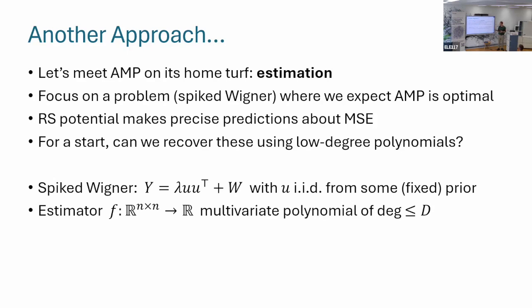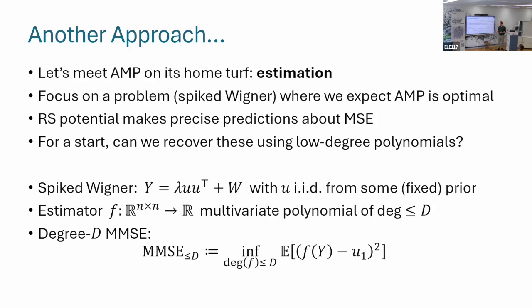So we're going to think about a multivariate polynomial that takes in the matrix Y and outputs a number, and that number is supposed to be an estimator for this U1. So let's just try to estimate the first coordinate of the signal vector. Because once we can estimate the first coordinate, then by symmetry, we can just as easily estimate the second or third coordinate. So it's sufficient to think about this one.